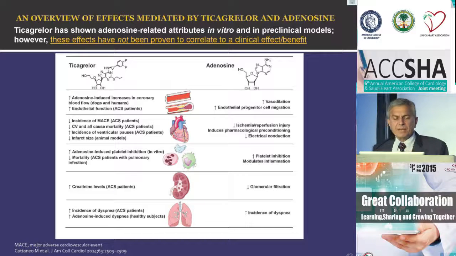How do we deal with it? The features of dyspnea related to ticagrelor are different from the classic features of COPD or pulmonary edema or pulmonary congestion. The features of TICA-related dyspnea are sudden and unexpected air hunger. It varies widely. The episodes can last for minutes. It's not typical of the other features of COPD or pulmonary congestion.